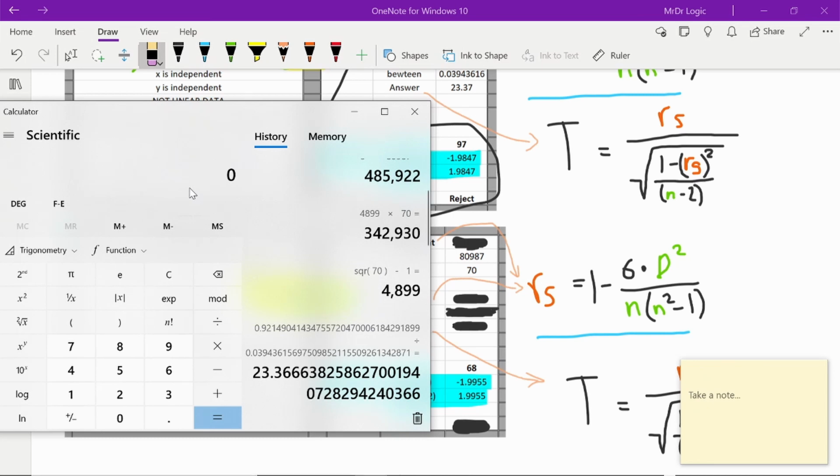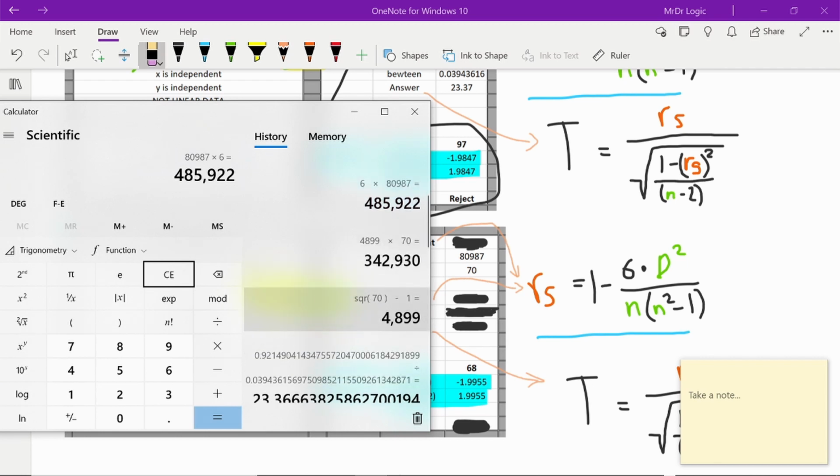Wait, what's going on here? 87 times 6. Okay, hold on. Times 70. Okay, 70, because that's the n, squared minus 1, and then multiplied by 70 again. Okay, something suspicious. Oh, wait a second.